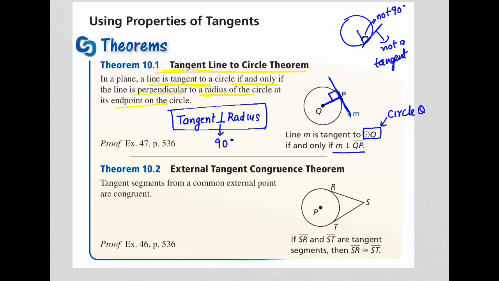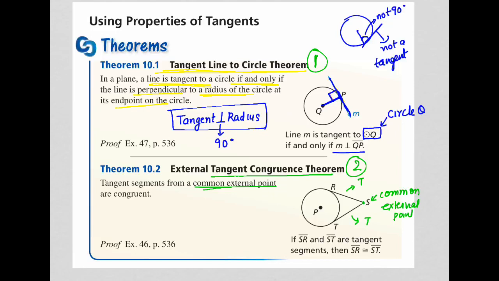All right, then there is another theorem, the external tangent congruence theorem. What if, instead of the first one where we have just one tangent, we have two tangents? What can we say? If we have tangent segments from a common external point, like this is a common external point, and from this point there are two tangents, this is a tangent, this is a tangent.